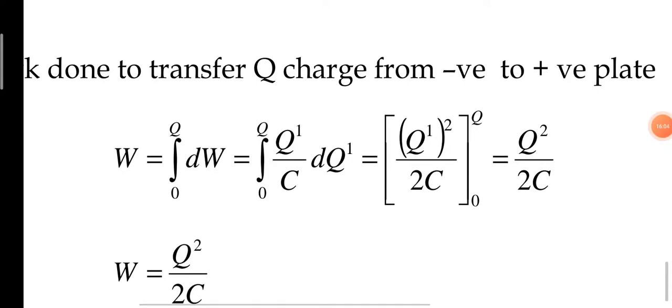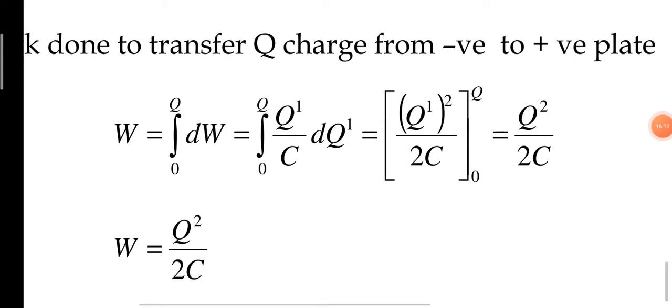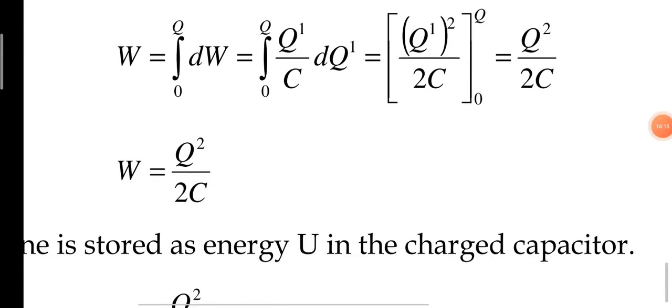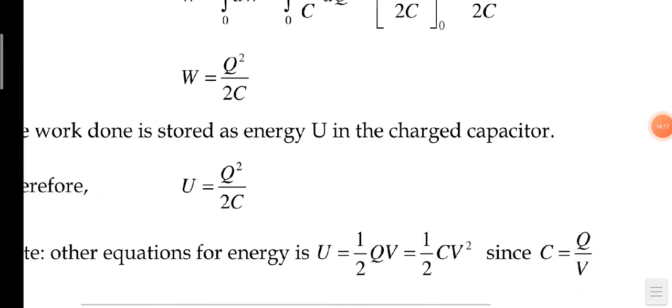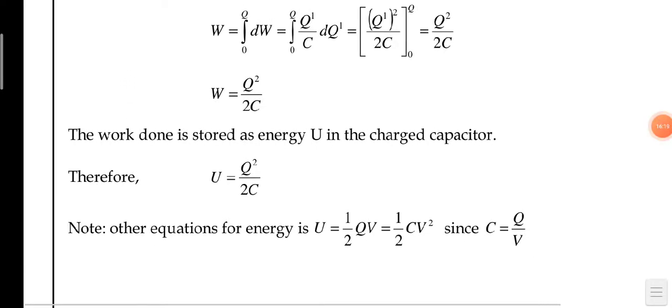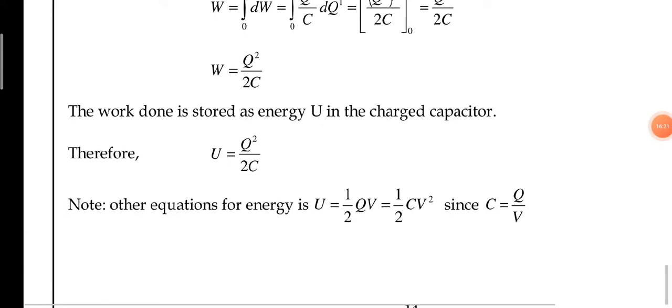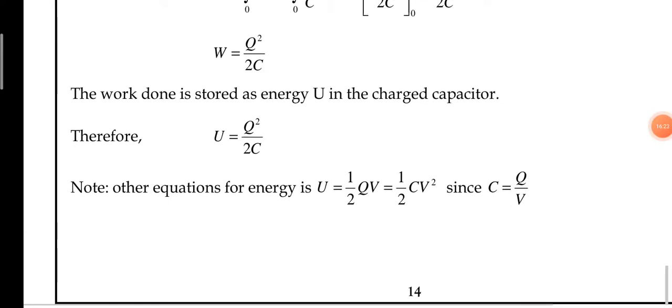Taking 1 by C outside, the integral of Q dQ is Q square by 2, so the work done equals Q square by 2C. This work done is stored as potential energy in the capacitor. That's why U equals Q square by 2C.